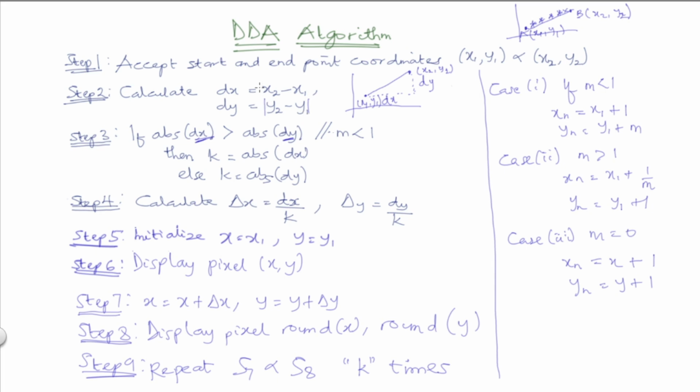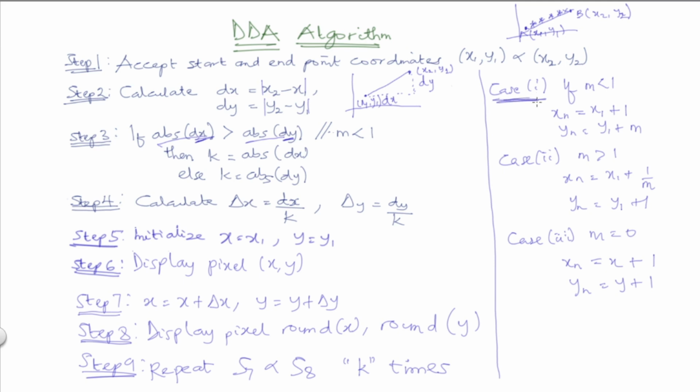We find the absolute value for each of them, and if the absolute value of dx is greater than the absolute value of dy, in such situations you have m which is less than 1. So m less than 1 takes up the first case which you already have here.